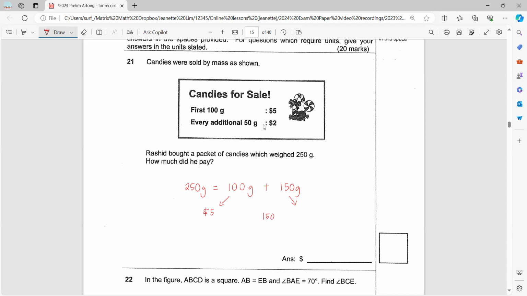So 150 divided by 50 first to find how many groups of 50 grams there are. There are three groups, which means you're paying $2 three times. 3 times $2 is $6. So the total amount that he's supposed to pay is 5 plus 6, $11.